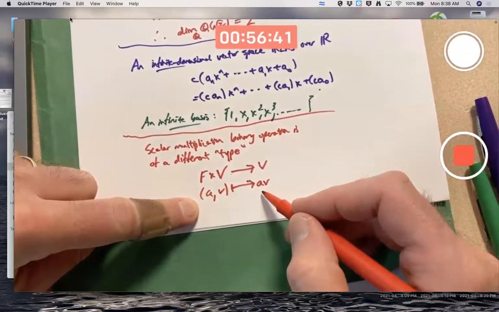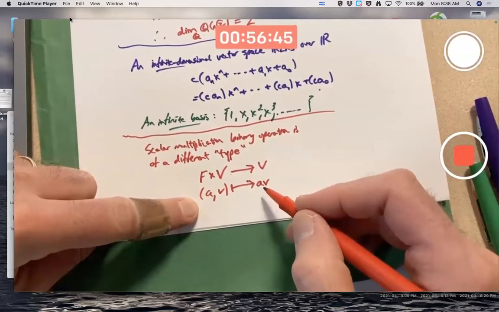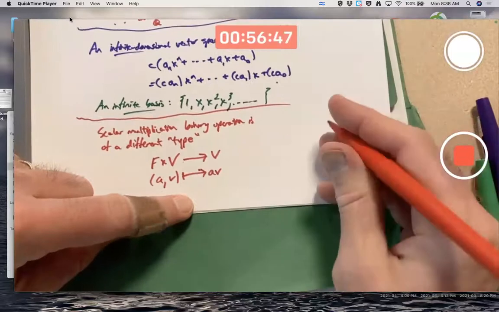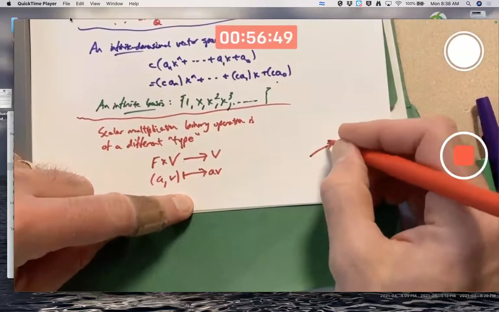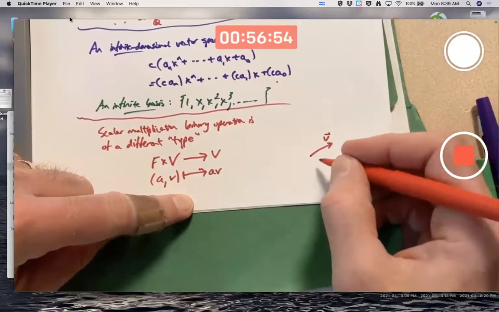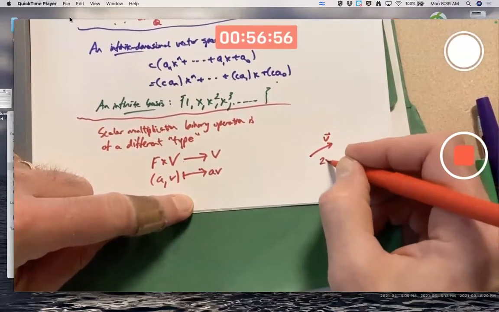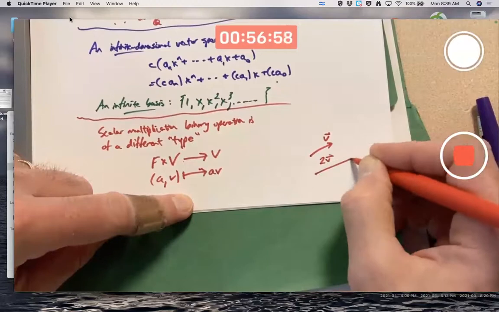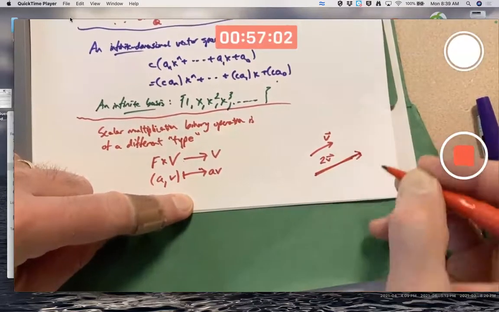Why do we call these things scalars? Well, it goes back to physics in that, if you're thinking of a vector as an arrow, maybe drawing a little half arrow head above it to emphasize it's a vector, then 2 times the vector is twice as long in the same direction. Pretend that's the same direction.